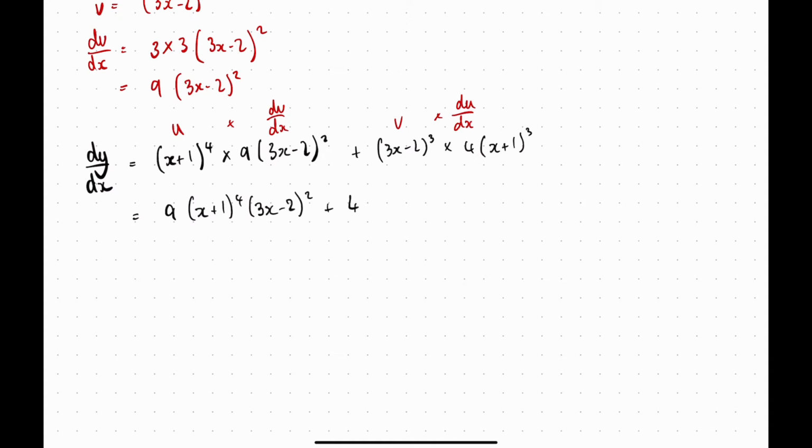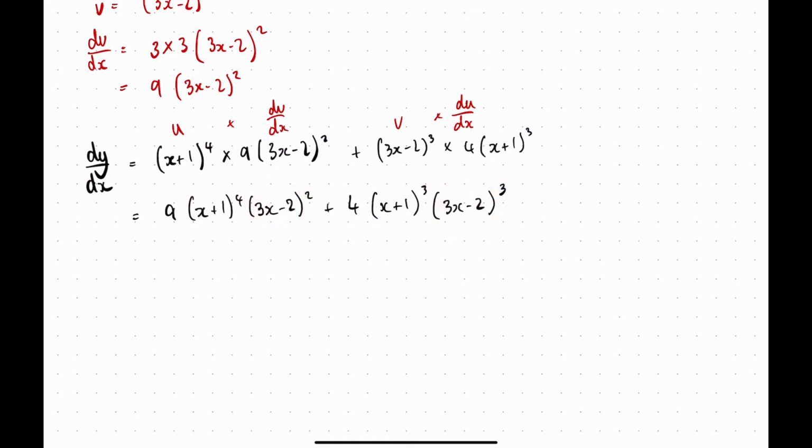Plus 4. I'm going to write them in the same order. So, I'm going to put my x plus 1 bracket first, and then my 3x minus 2 bracket second, like I did with the first one. Because what you can realise now is that there's potential to factorise this out. In both terms, or both parts, there is a certain number of x plus 1s, and there's a certain number of 3x minus 2s.